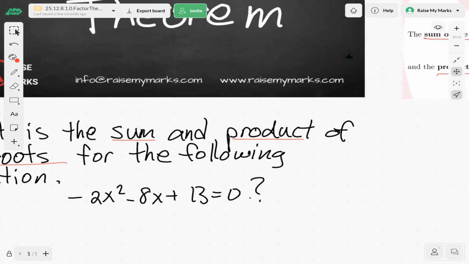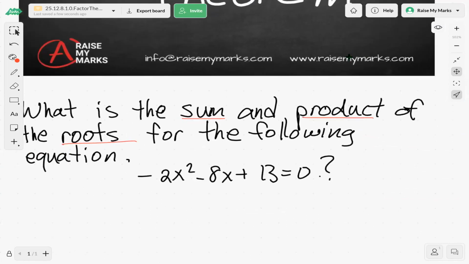So we're asked to find the sum and product of the roots of our polynomial here, negative 2x squared minus 8x plus 13. So what is our leading coefficient? Our leading coefficient is negative 2, so this would be a sub 2. Our constant is a0, and that's 13 in our case. We'll call this f of x.